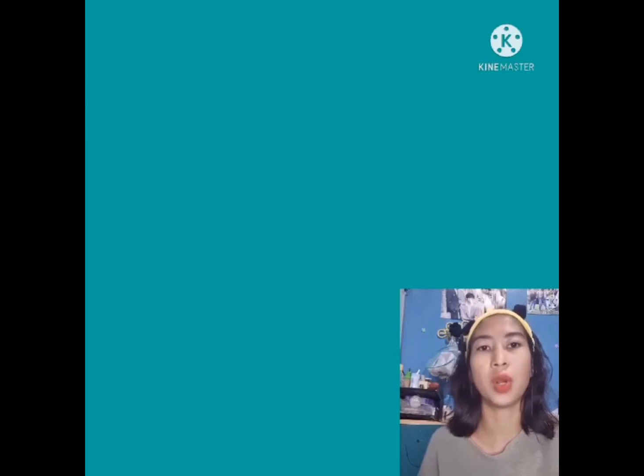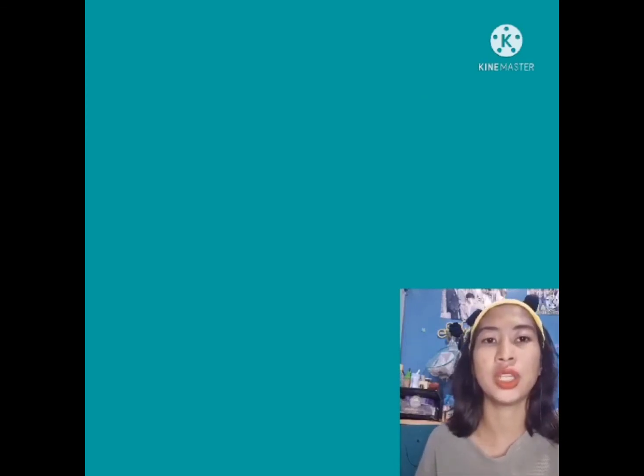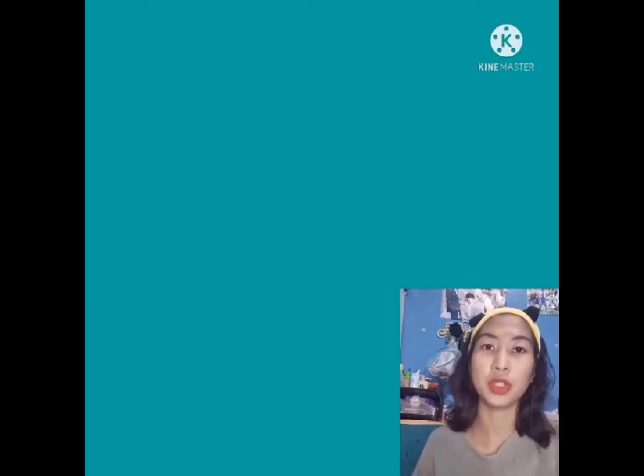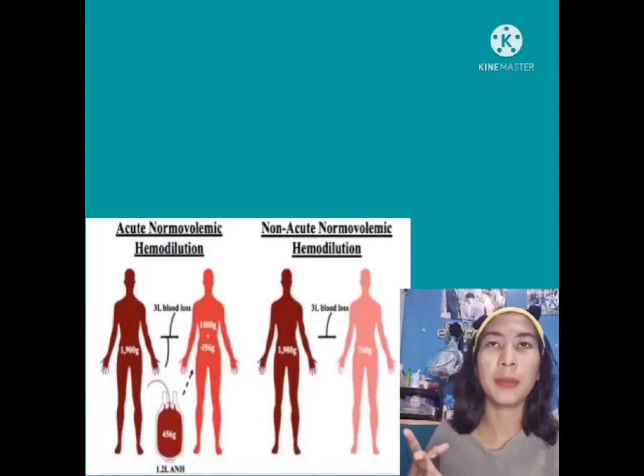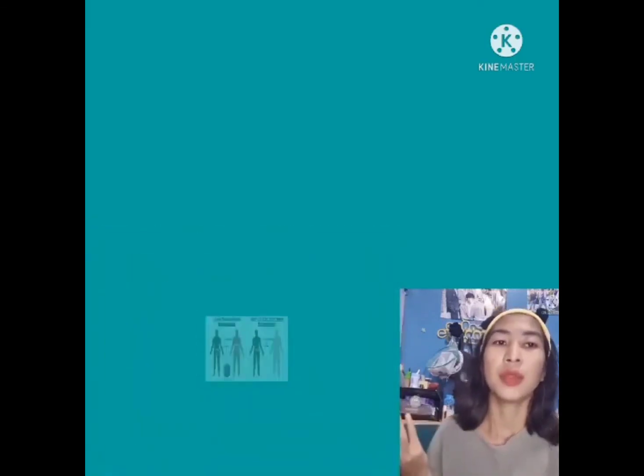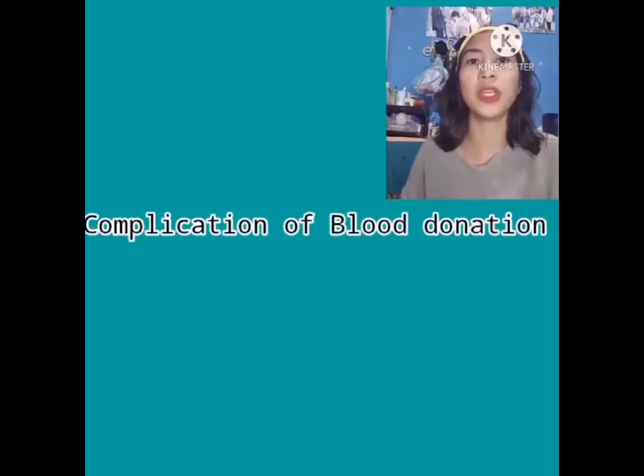Patients who are at risk for myocardial injury should not be further stressed by hemodilution. There are two types of hemodilution, the acute and non-acute normovolemic hemodilution.